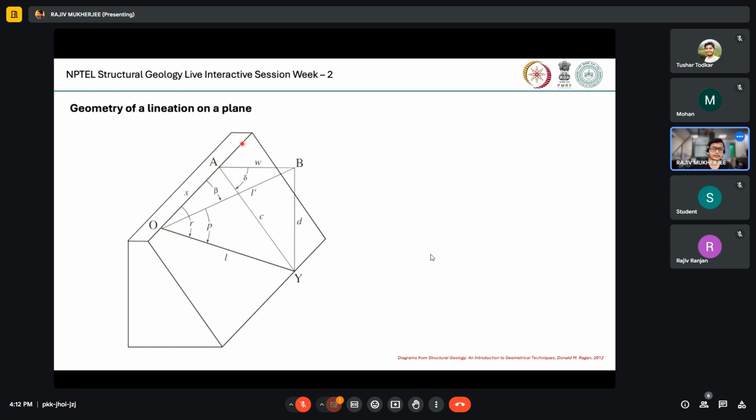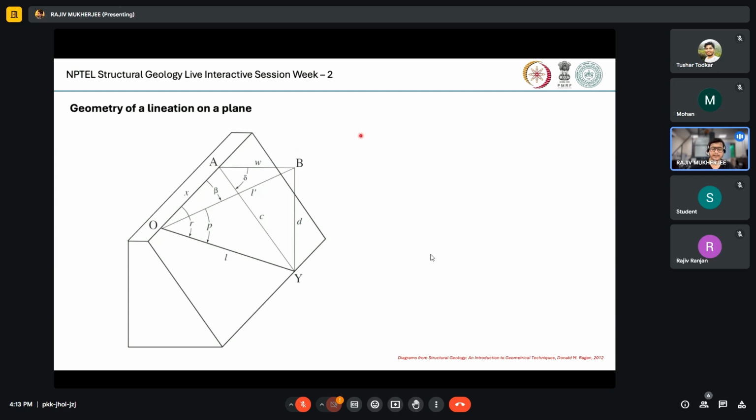By the way, this diagram has been taken from a book called Structural Geology: An Introduction to Geometrical Techniques by Donald M. Ragan, published in 2012. It is a very good reference for studying the geometrical relations between different kinds of structures and for practical problems. You can look for the book on the internet.